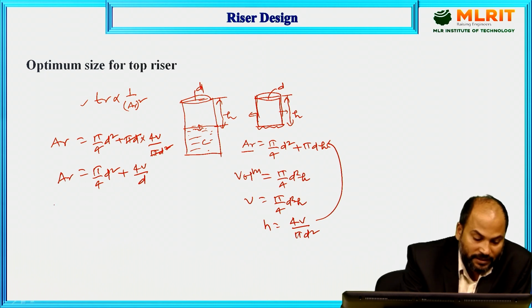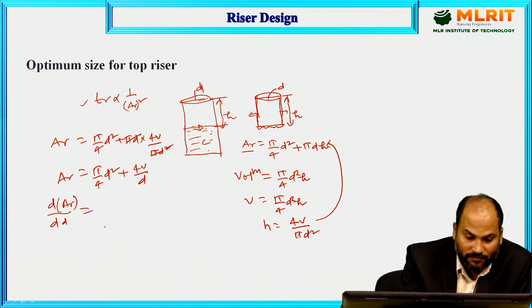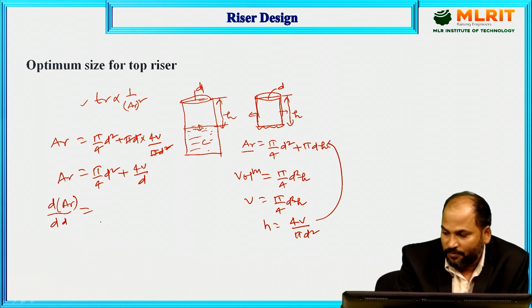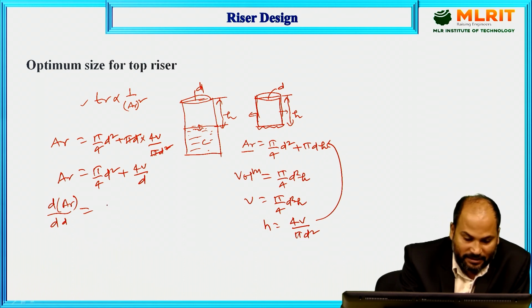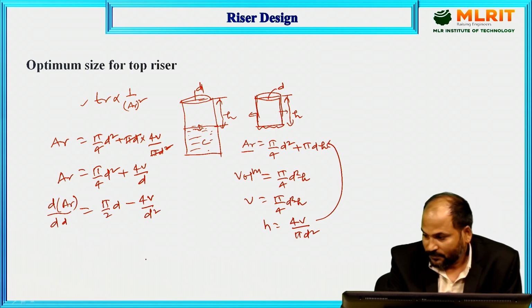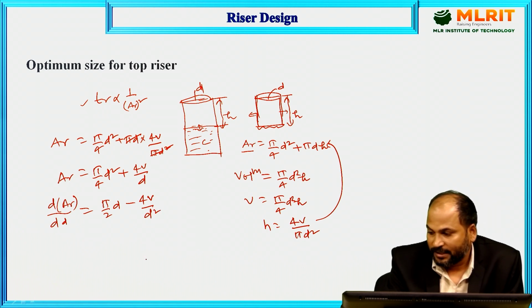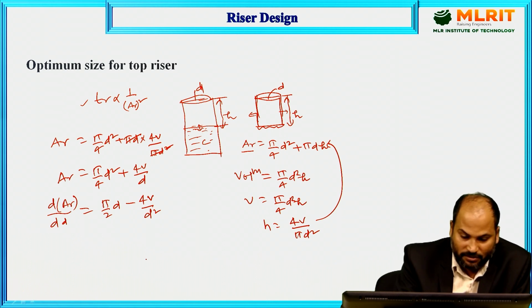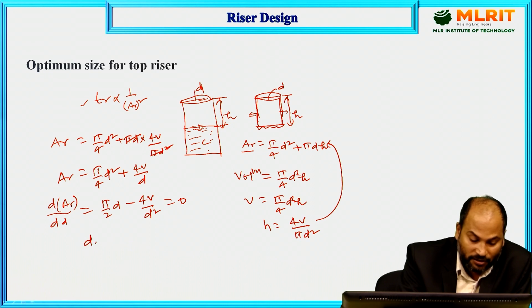So the differential coefficient of AR with respect to d comes out as pi by 2 d minus 4V upon d square, and this should be 0 for the minimum value. If we solve this for d, we will get the value of d optimum.